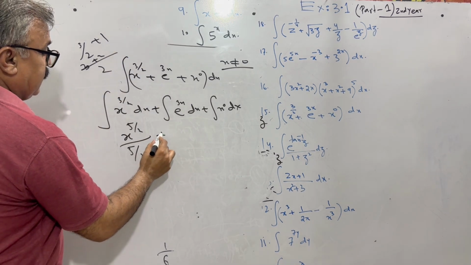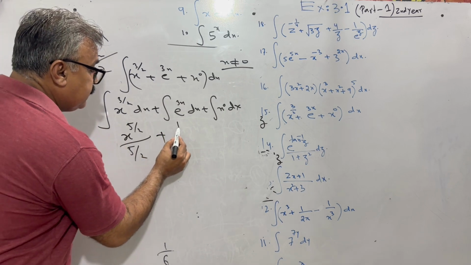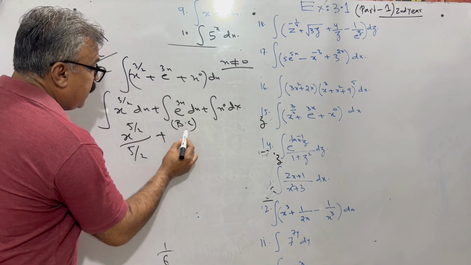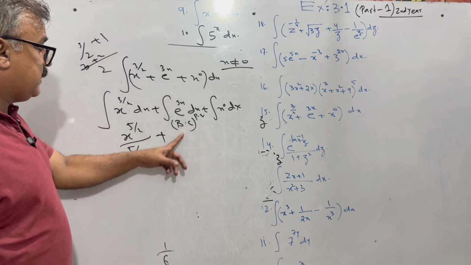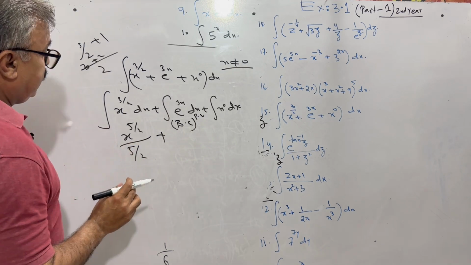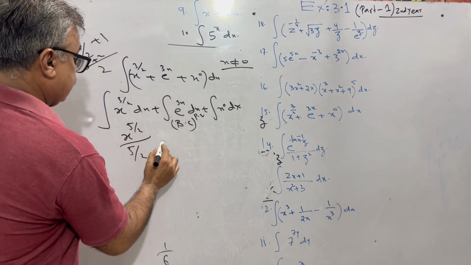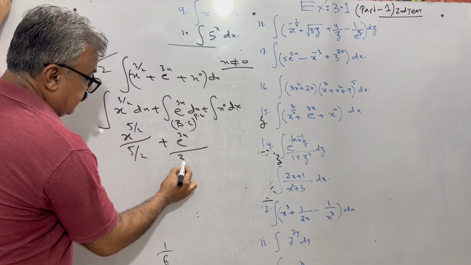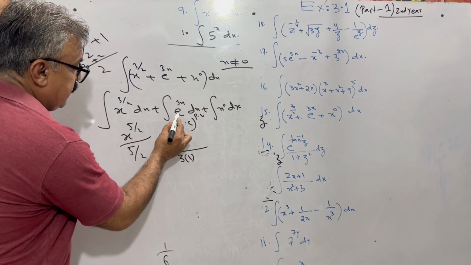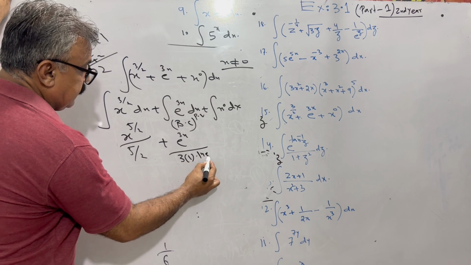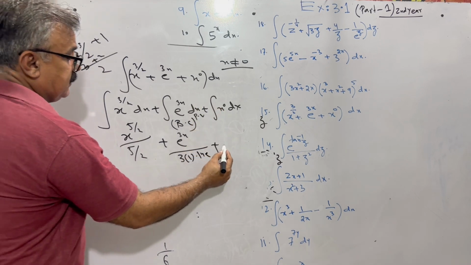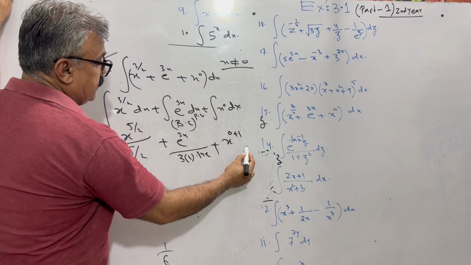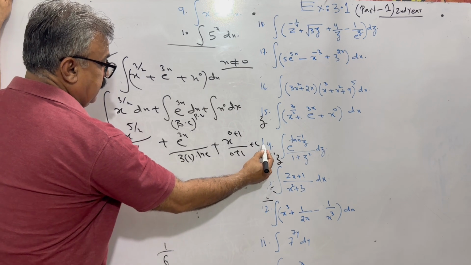It's the case: base constant, power variable, write it same, e raised 3x. Divide with the differentiation of power, 3, differentiation of x is 1, introduce base with ln, plus x raised 0, it's a simple case, 0 plus 1 divided by 0 plus 1, plus c.